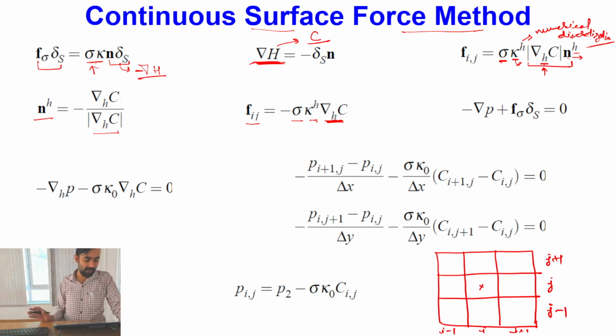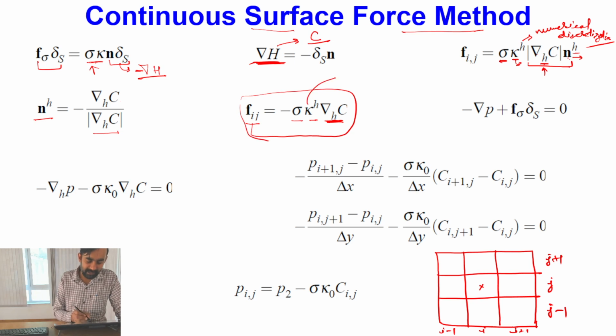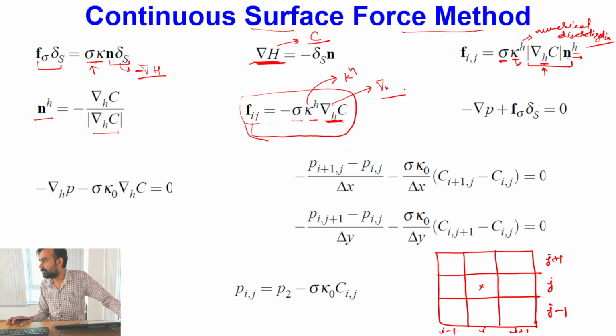So it means my overall purpose is to calculate the numerical discretization for kappa_h and the numerical discretization for delta_h. Is this point clear? So these are the two things which I need to numerically calculate if I have to apply this particular formulation of surface tension force.